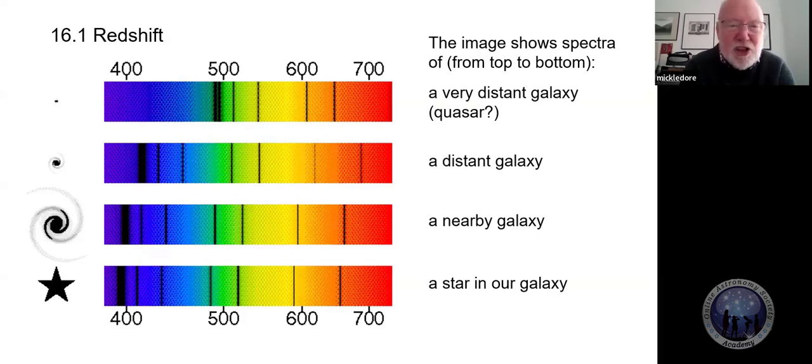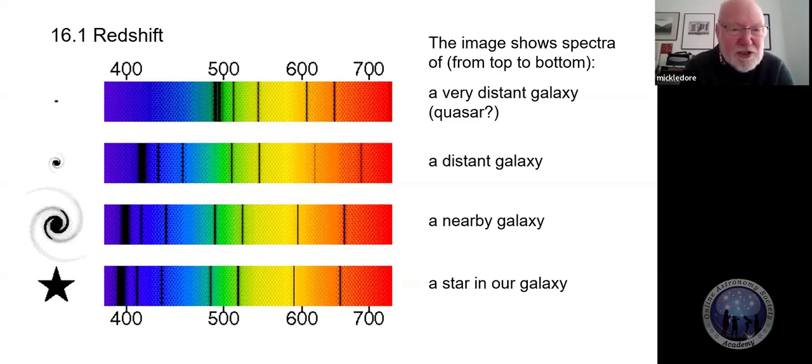We've got some images of spectra, from the bottom going up: a nearby star, a relatively nearby galaxy, not in the local group, but fairly close anyway, a distant galaxy, and a very distant galaxy like a quasar.